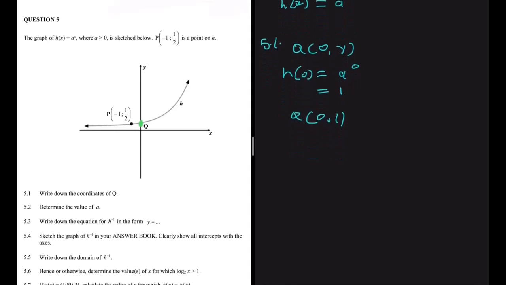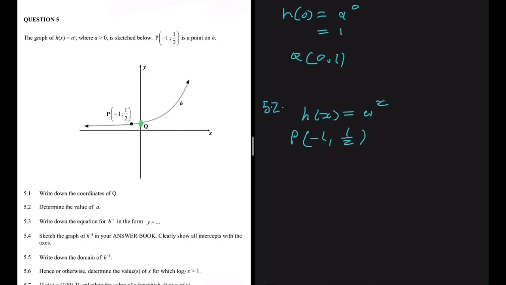And now 5.2. So 5.2 is saying let's determine the value of a. We know that h of x is equal to a to the power x. So let's go ahead and substitute our coordinate p into h of x so that we can determine a, right?